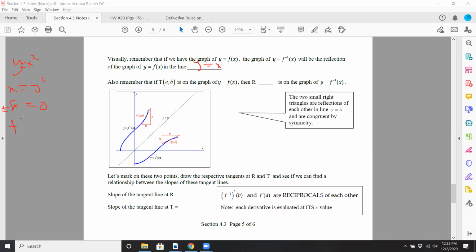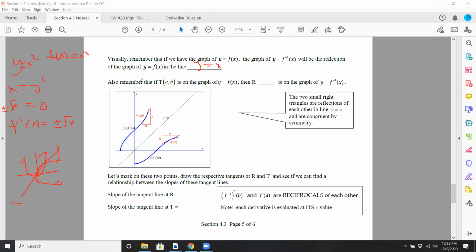So your inverse would be this. And remember, our original was this. So here's the original, here's the inverse, and a reflection about y equals x. That's always going to be true between the inverse and the original.